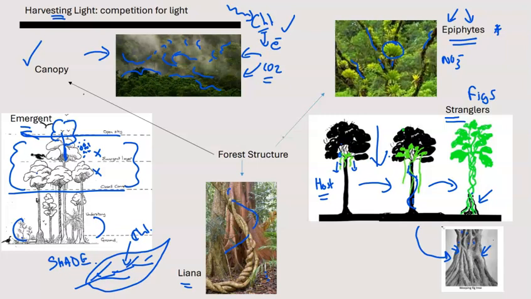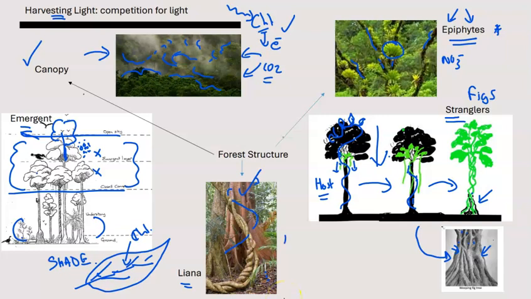They grow around the stem of the tree like this, and they will climb their way up to the canopy like so, where they will then put their leaves out for photosynthesis, but having this very, very long stem curling around, using the host tree as seen here for support, so it doesn't waste energy on creating its own support in its own trunk. It uses the trunk of another species and climbs up into the canopy.